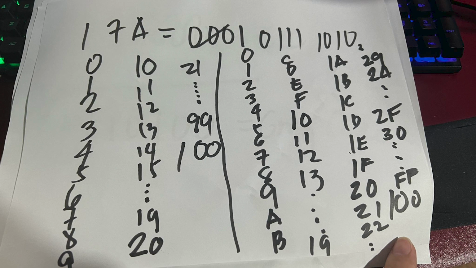So 21, 22, and then 29, what's next? 2A, and then 2F. It resets and becomes 3. Let's say we reach FF, it resets and then 1. So that's a lot already. Okay, that's how we count in hexadecimal.